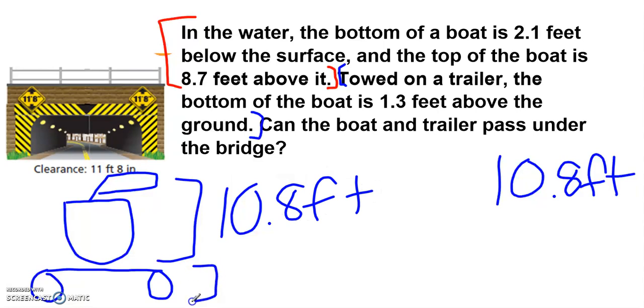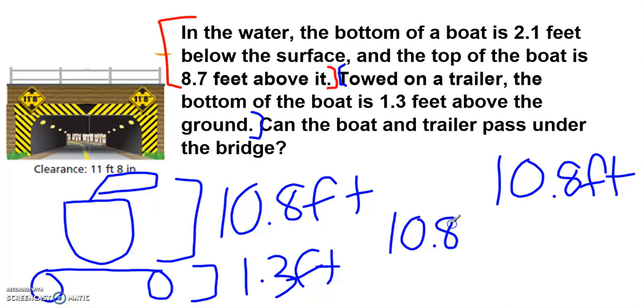The trailer is 1.3 feet, because that is right here in the problem. So now we have to add that. So 10.8 feet plus 1.3 feet is going to give us, hold on, let me erase.